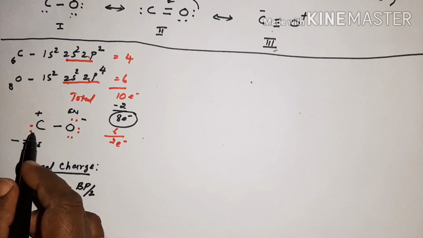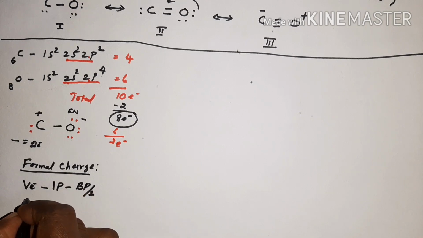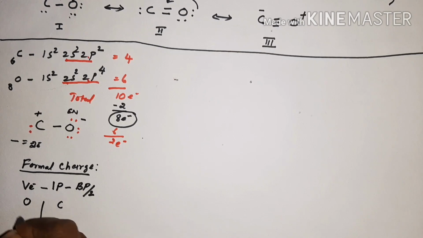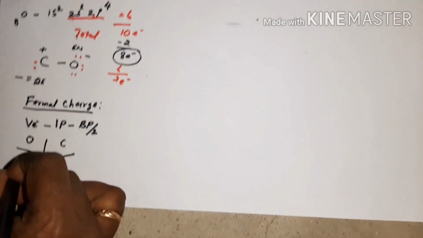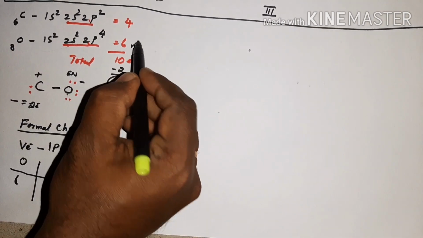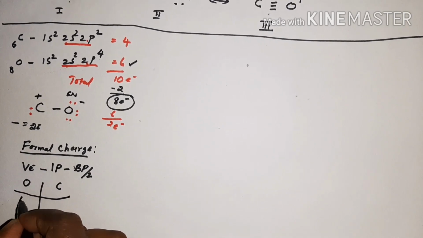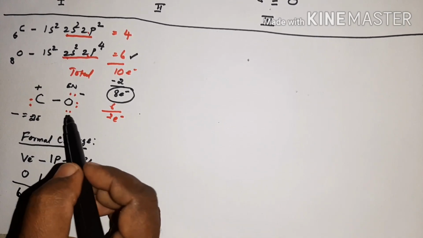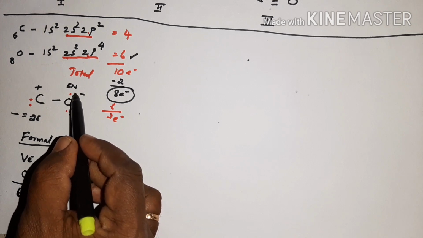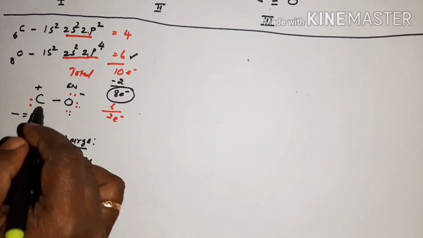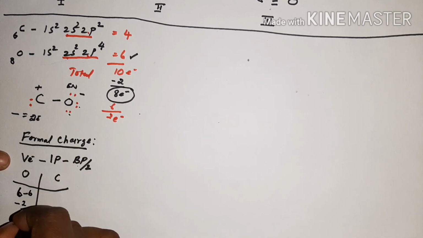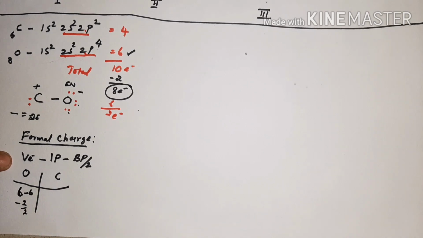So for structure 1, we will study oxygen and carbon. For oxygen, the valence electron is 6, minus lone pair electrons. How many lone pairs are there? There are 6 lone pair electrons, minus bond pair electrons 2 divided by 2. So 6 minus 6 is 0, 0 minus 1 equals minus 1.